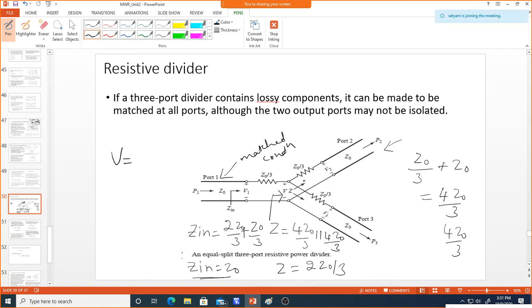So the voltage at 2Z0 by 3 is equal to the voltage here, V1, and we only need to calculate the voltage at this point, which is 2Z0 by 3, the parallel combination, over the combination of resistances, that is 2Z0 by 3 plus Z0 by 3. Okay, so this is the voltage at the junction.